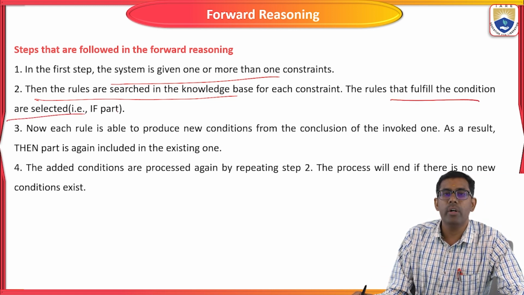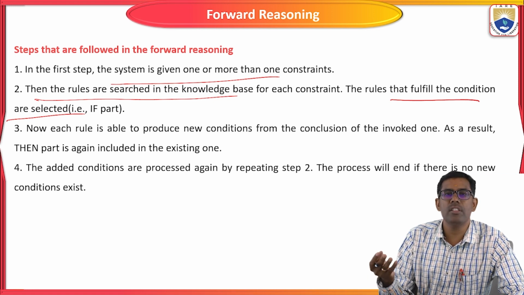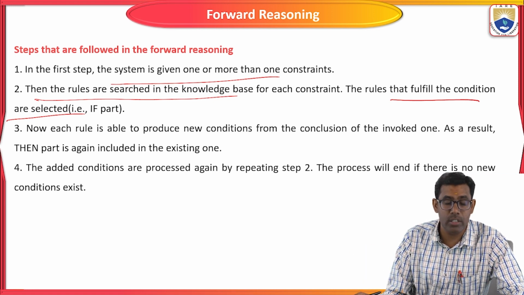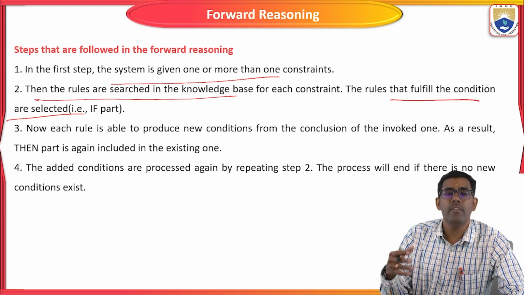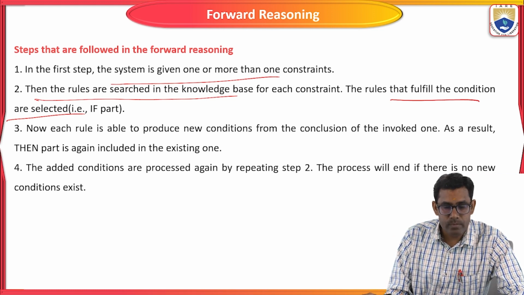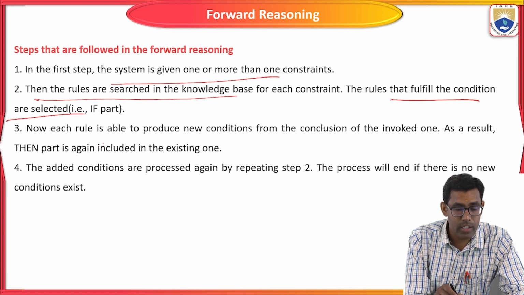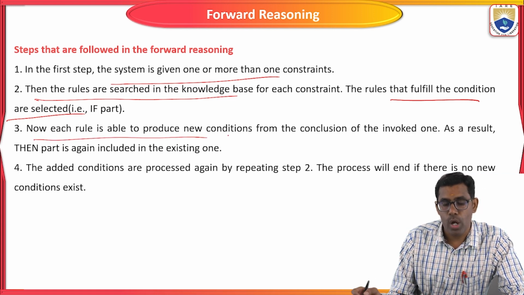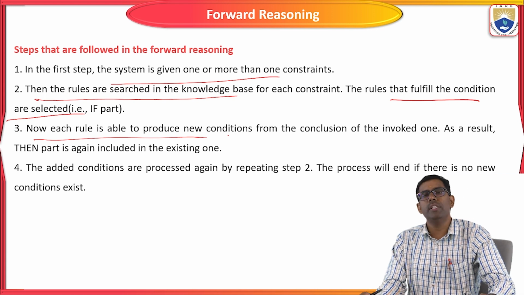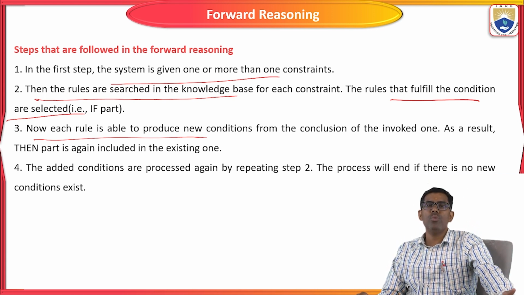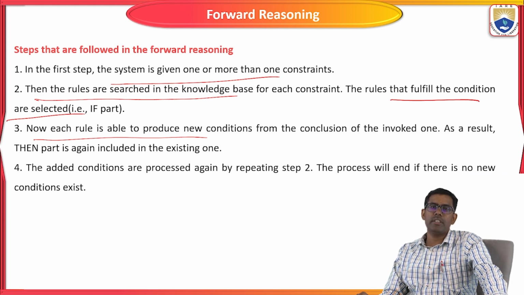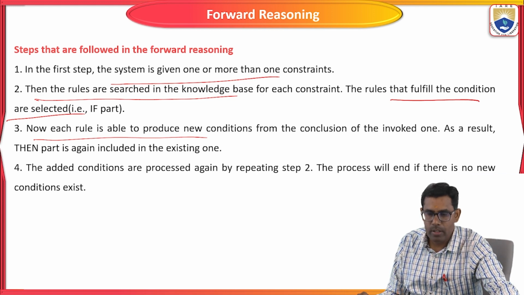Then, for the if-else constraints, based on that condition, we start the search. Now each rule is able to produce a new condition. So, step by step, it will produce some conditions or constraints for the AI machine.